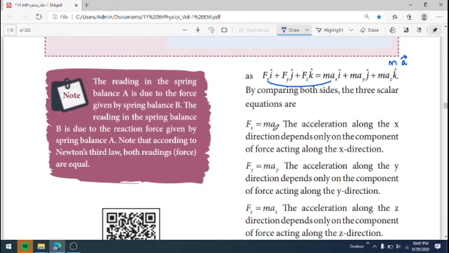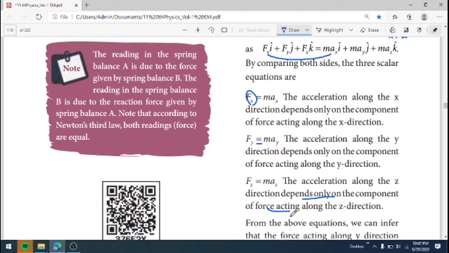It means acceleration along x depends only on the component of force along the x direction, and similarly Fy is equal to m ay, that is acceleration along y direction depends only on the component of force along y direction, and similarly for Fz also, that is the acceleration along z direction depends only on the component of the force along z direction.